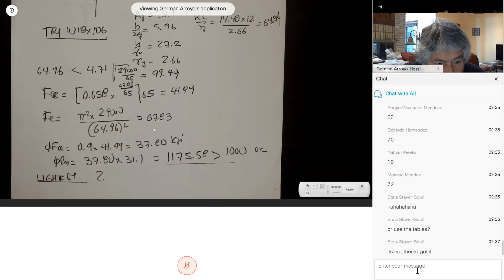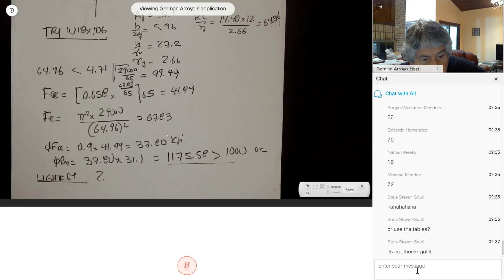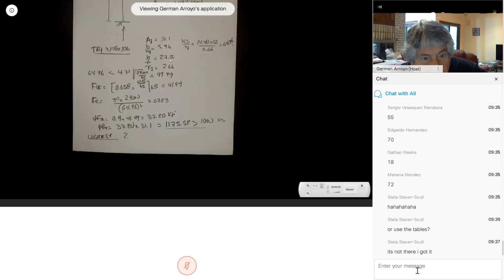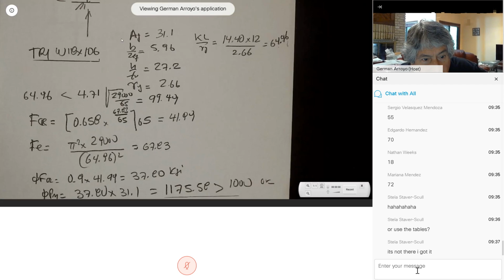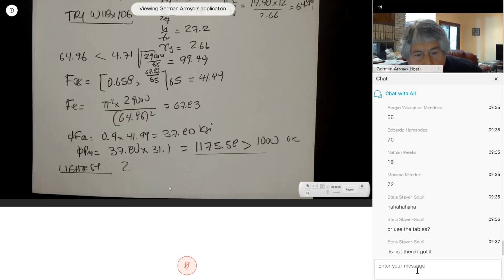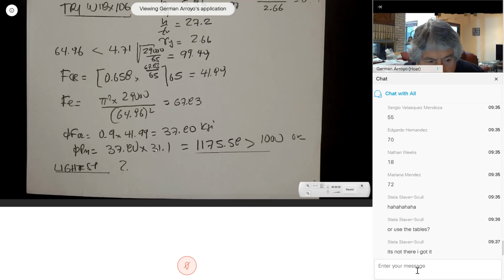I put it in here, and it came 0.9 times 41. This is the area. So this is the 0.9 times the stress, and the stress times the area. So we had the area in here, we had the stress in here, the stress times the area, 1175.58.